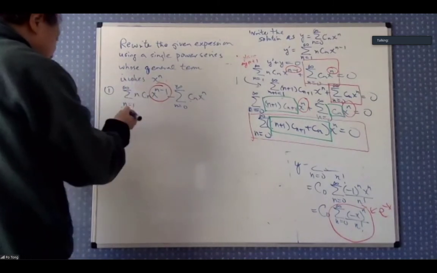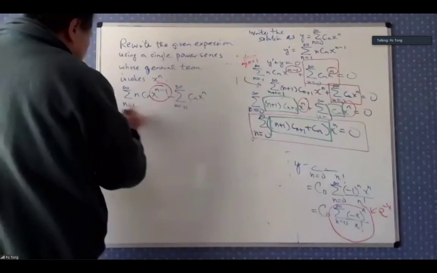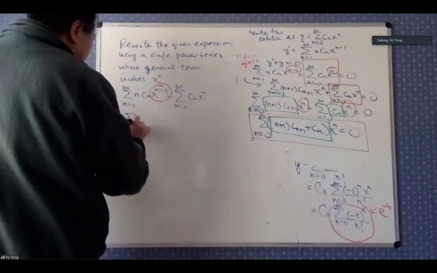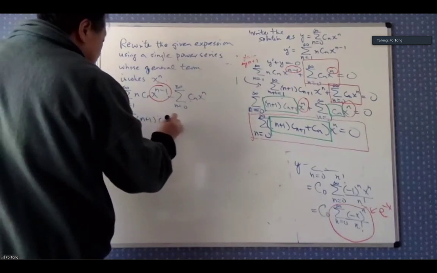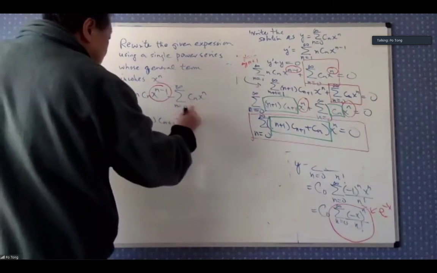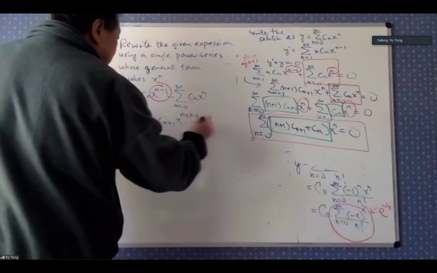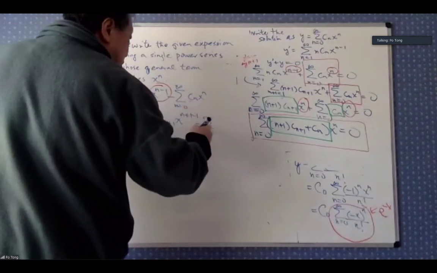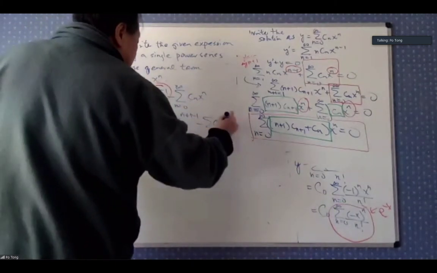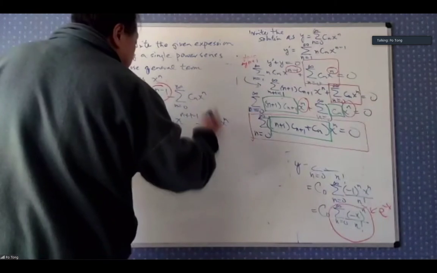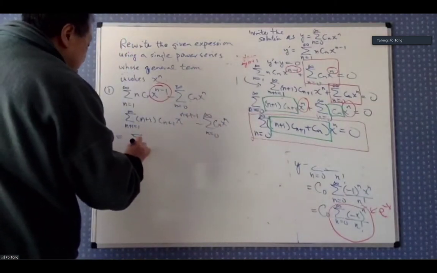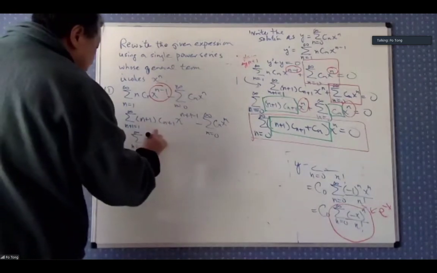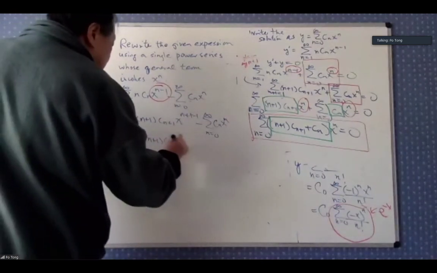So we'll have the summation from n plus 1 equal to 1 to infinity of n plus 1, c n plus 1, x to the n plus 1 minus 1, minus the summation. Now, this second one, you don't change, so that you line up. Now this becomes the sum from 0 to infinity, n plus 1, c n plus 1.